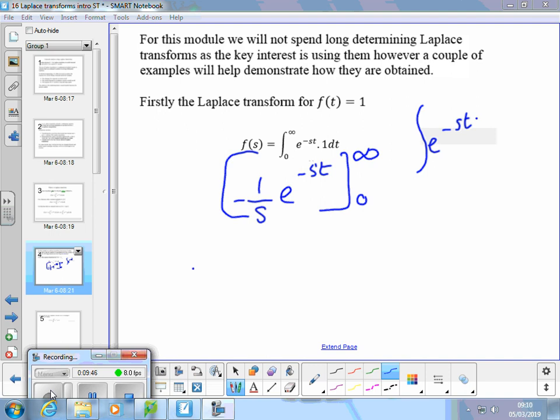We can probably better write that as e to the minus st over s with a minus on it, between 0 and infinity.